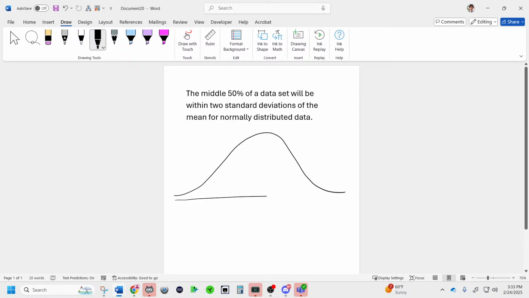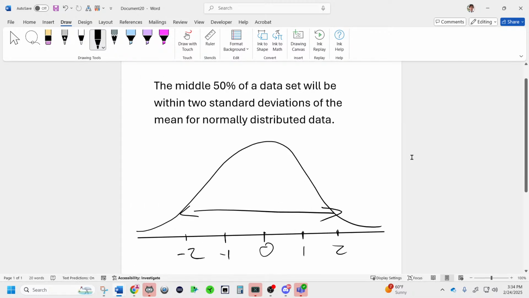Well, if we go out 2 standard deviations, as this says, what percent of the data will be within 2 standard deviations?